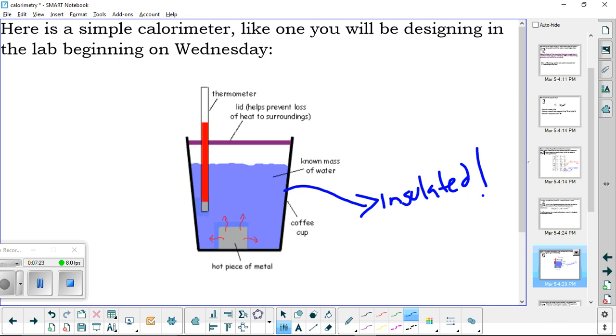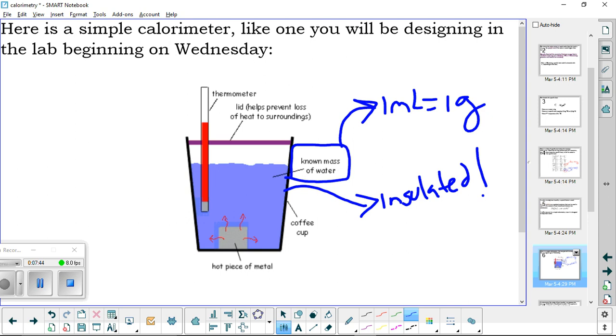You're going to have a thermometer. You're going to have a lid so the heat doesn't leave to the surroundings. You're going to know how much water you put into the calorimeter. And it's really handy to know that 1 milliliter of water is the same as 1 gram of water.